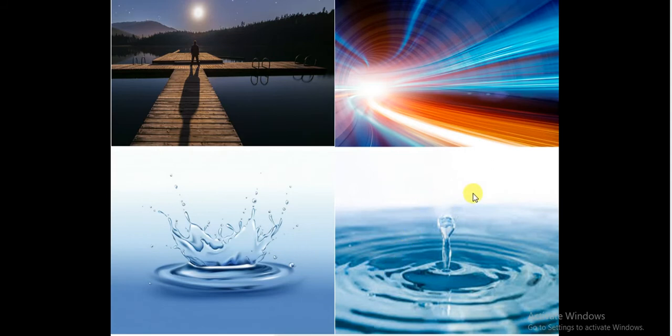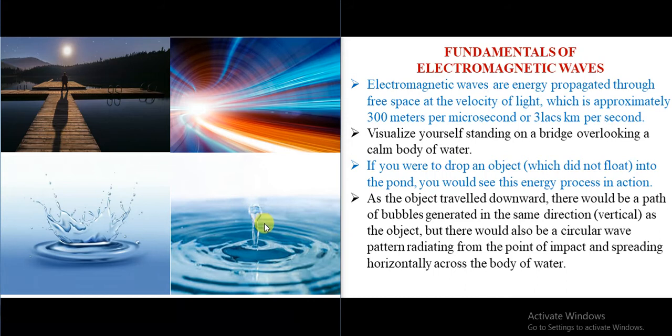We can compare this pattern to a radiation pattern. This pattern is spreading horizontally across the body of the water, so a pattern is formed on the surface as well as inside the water body.